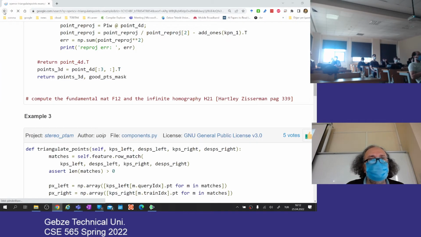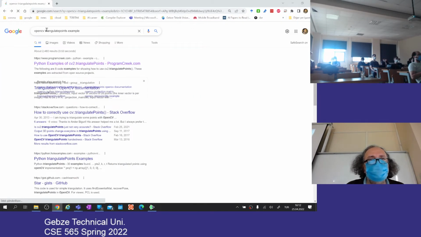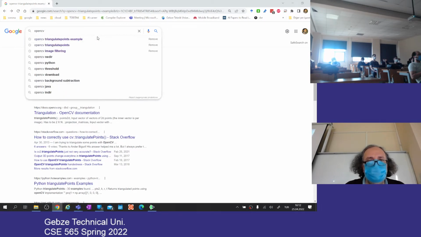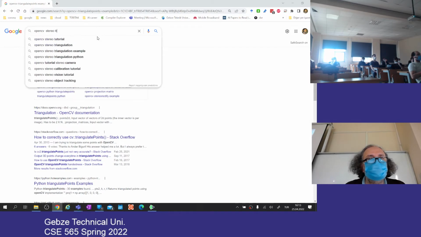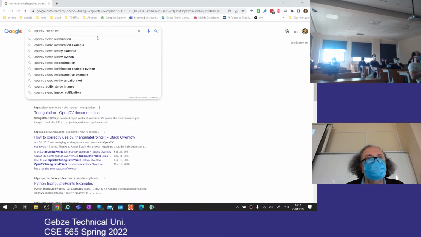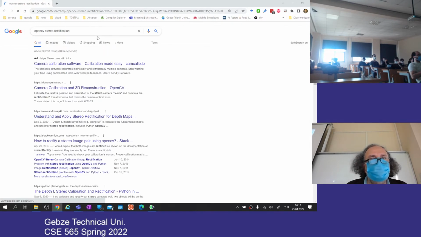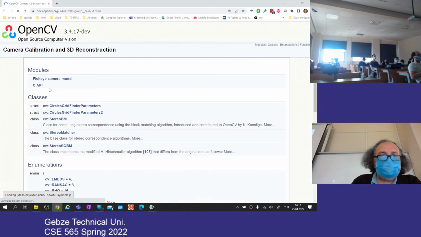Can I do that? OpenCV stereo rectification? Yeah. Let's look at the documentation.